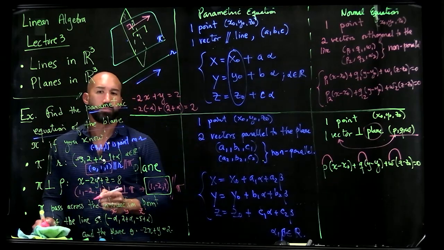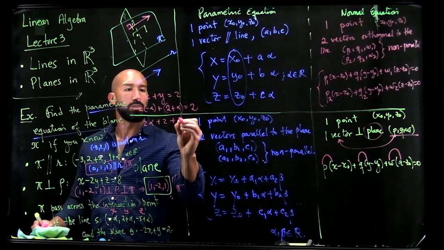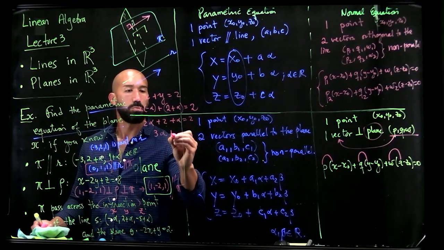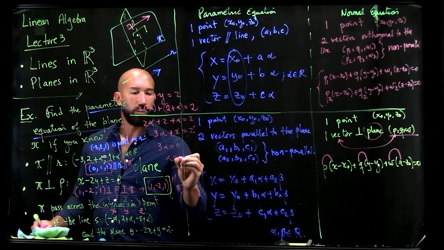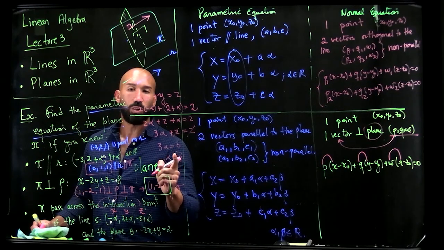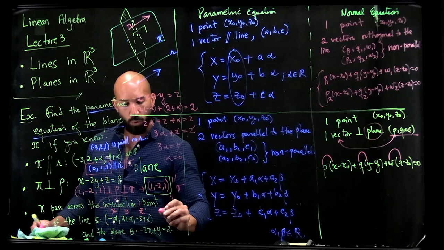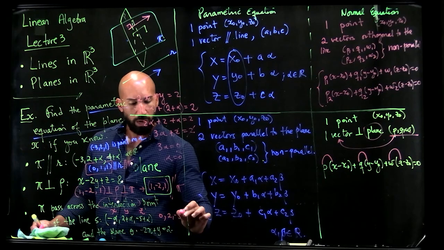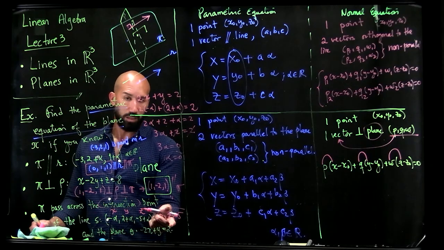This tells us that 2 alpha plus 2 plus alpha, that is 3 alpha plus 2, equals 2, so 3 alpha is 0, alpha is 0. Again, this is not the point. This is the value that I need to assign to the parameter alpha to get the point that I need. If I put alpha here, the point is going to be (0, 2, -5).